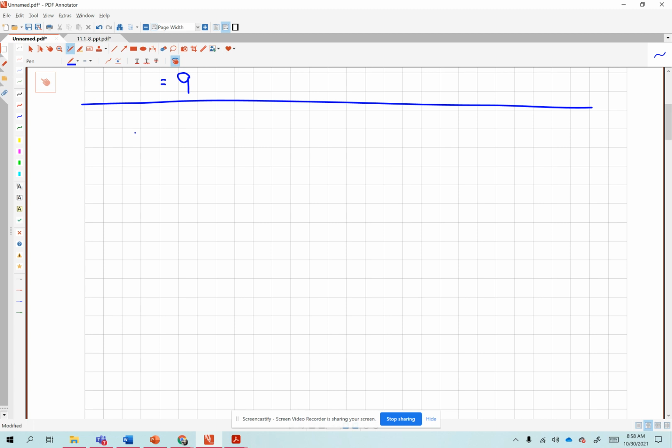So if I have a negative number like negative 2 and I multiply it times negative 2, we know from our integer multiplication rules that negative 2 times negative 2 equals a positive 4. Let's do that one more time. Negative 2 times negative 2, again times negative 2.